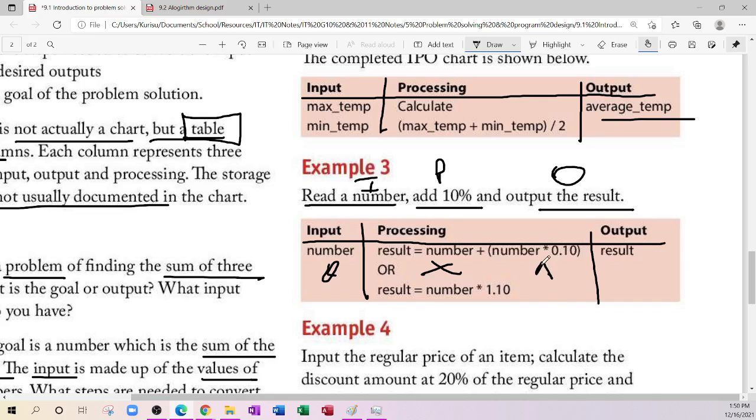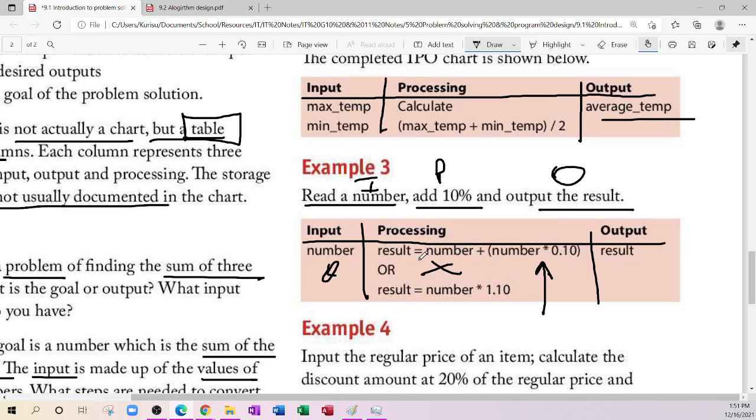So this part here, we're calculating the 10%. So if you notice, it's just like a normal math equation. We're calculating the 10% in brackets first. Remember, brackets are first. So number multiplied by 0.10, calculate for 10%, and then we add it to number.